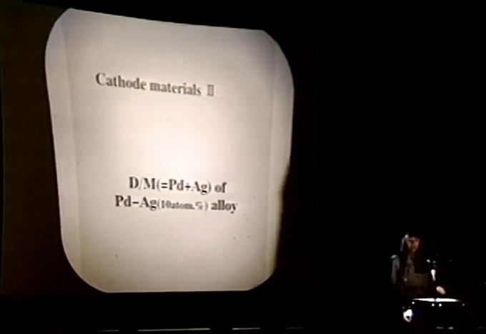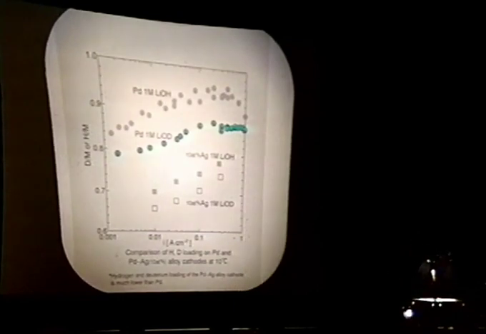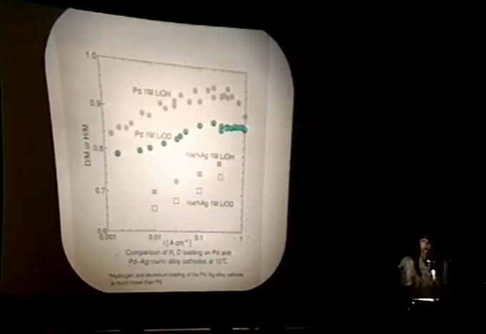Next, I would like to talk about D/N on palladium silver alloy. This figure shows comparison of H or D loading on palladium and palladium silver alloy cathode at 10 degrees C. The green circles are D/Pd on palladium.